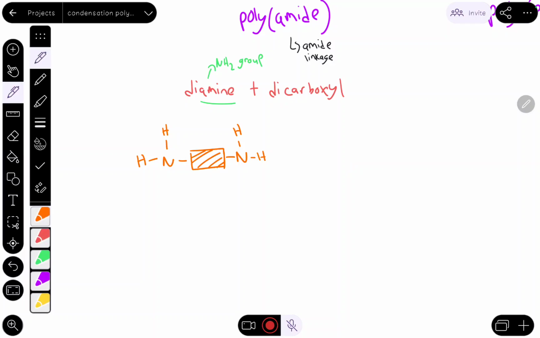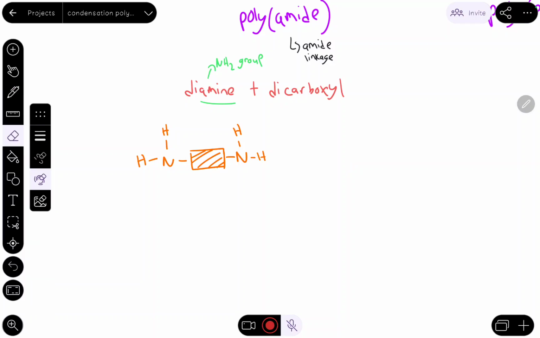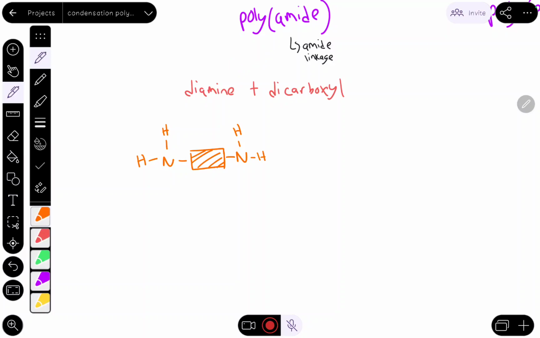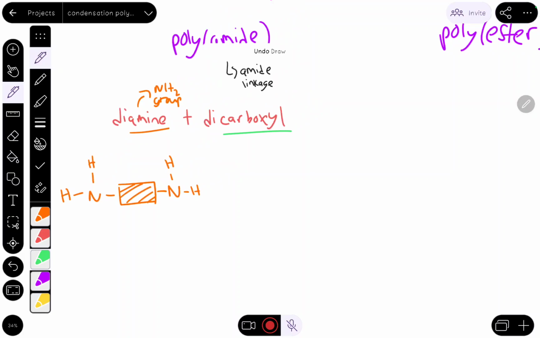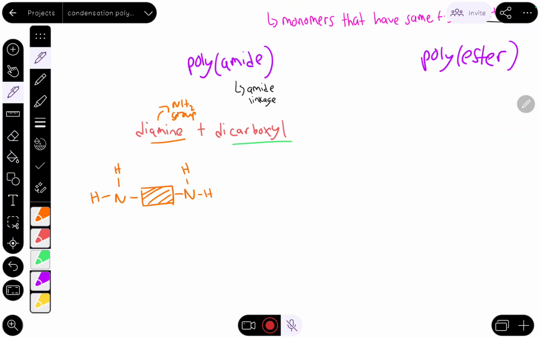I'm going to write the diamine in orange. Then dicarboxyl, I'll write in green. The NH2 group is important. And for dicarboxyl, remember, in carboxylic acids, after alcohols, you learn that carboxylic acids have the COOH group.